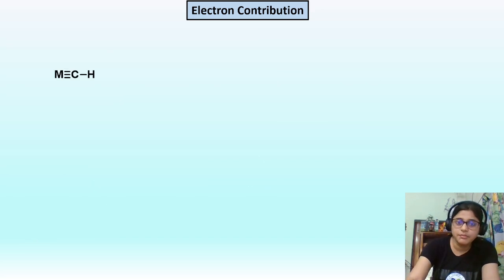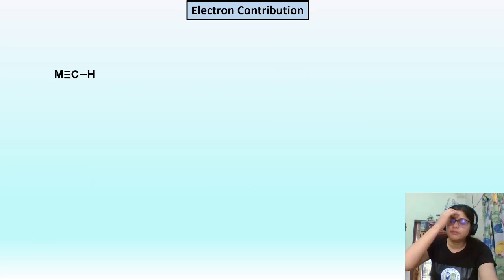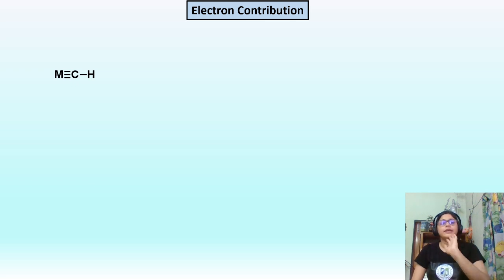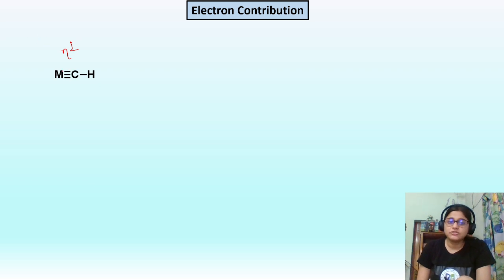Now coming to some important questions. Here again, the hapticity case, we have taken that example. Hapticity was 1 as the donation is to 1 carbon. But what will be the electronic contribution here? Is it 1?